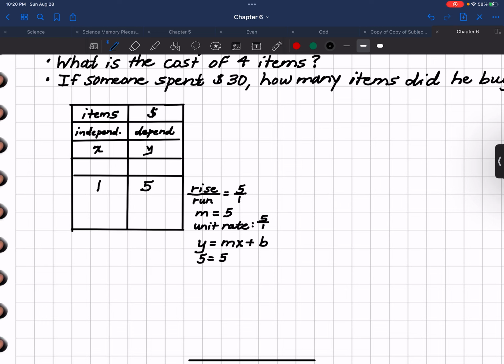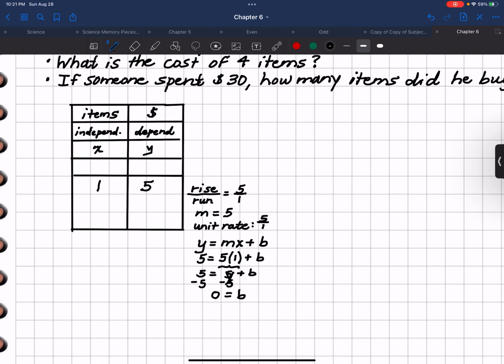Slope is 5. We're going to use 1 for x. So b is about to be found here. We're going to say 5 equals 5 plus b. Minus 5, minus 5 is 0. So b is 0. There is no intercept to consider here.